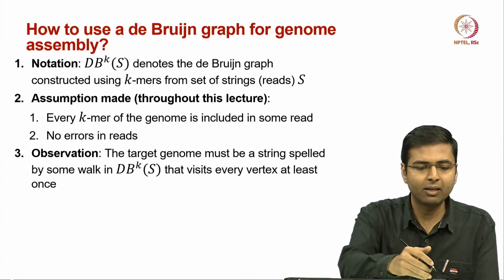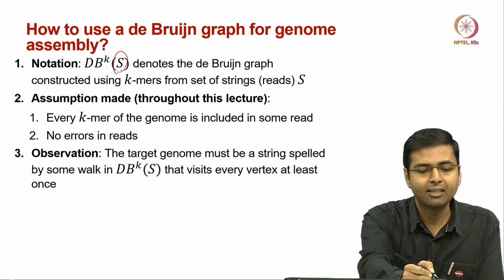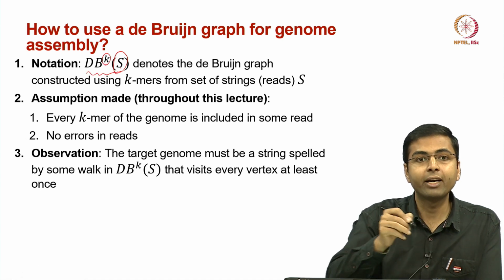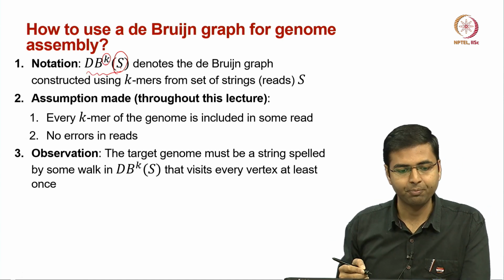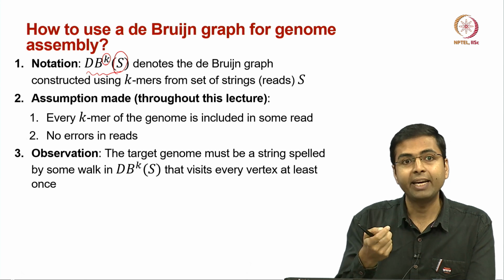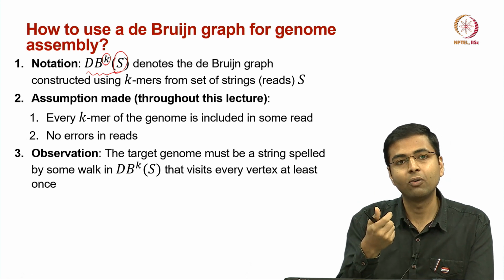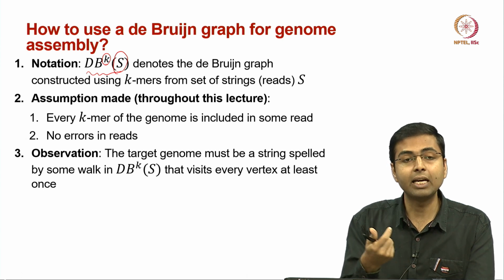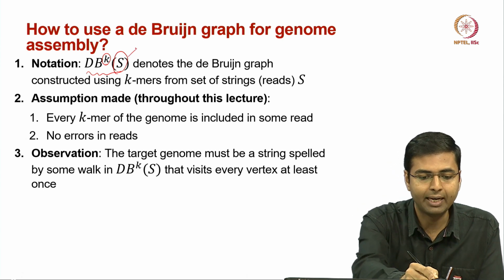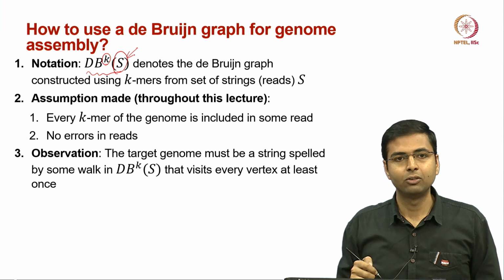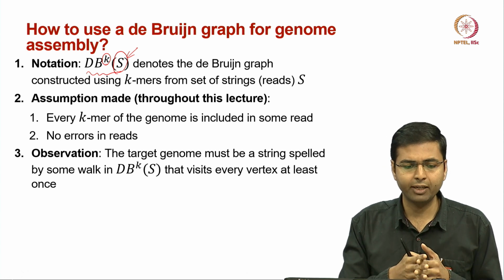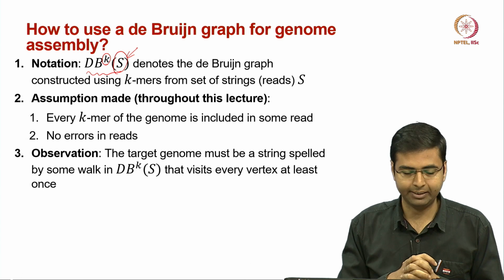So, I will assume that given a read set S and parameter k, I will denote the de Bruijn graph as DB_k(S). By parameter k I mean that the k-mer length is k, or the substring length is k, and the input set of reads is capital S. So, the de Bruijn graph built for this parameter and this input is denoted as DB_k(S).